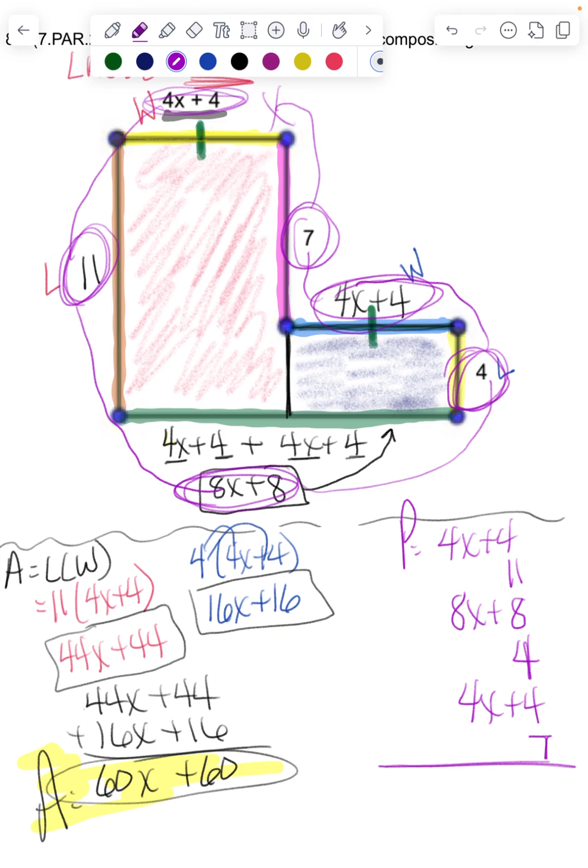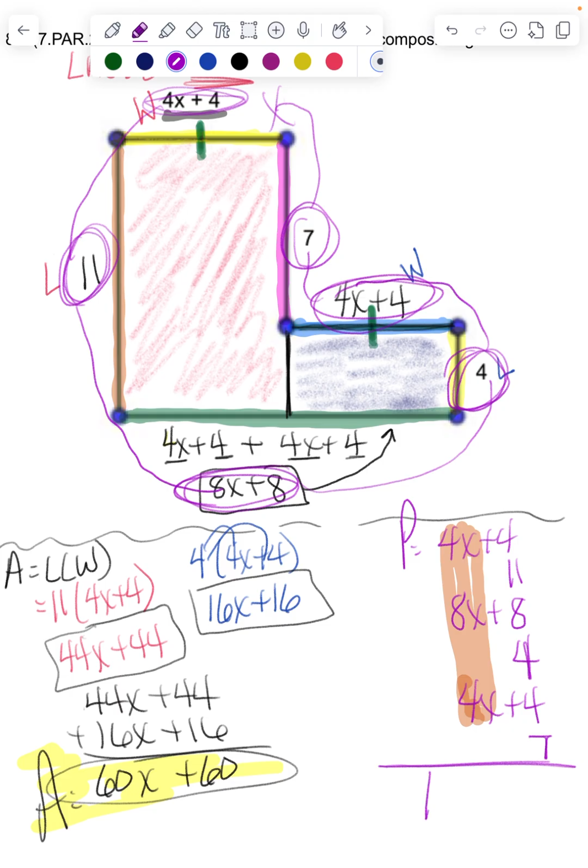So now, I'm going to, in my calculator, add those. 4 plus 8 plus 4 is 16.